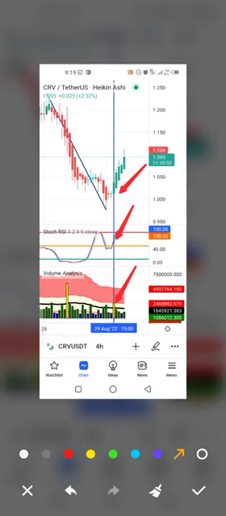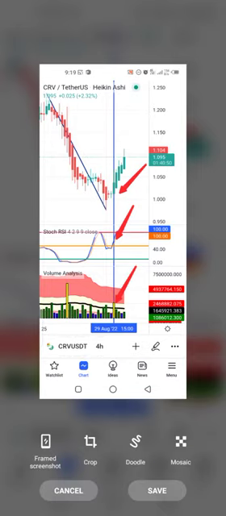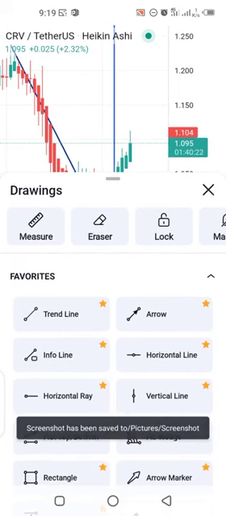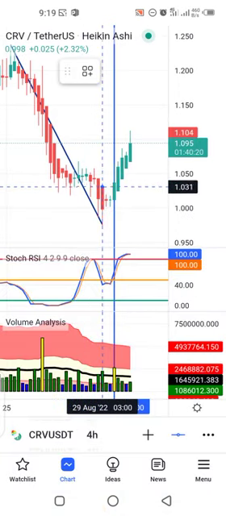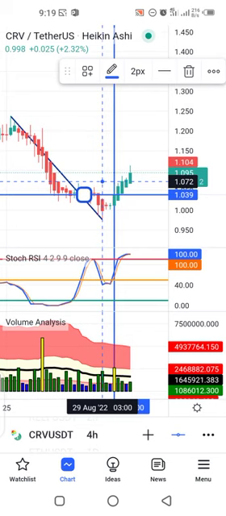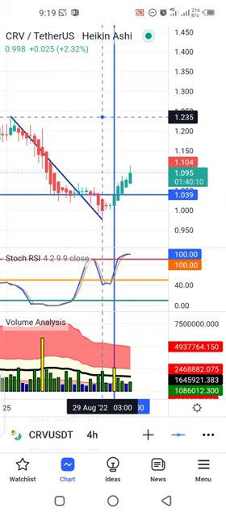And after I have been able to see that, then I'll bring in my horizontal line, which you're going to learn. Draw where the candle closes from, and draw my second horizontal line where the downward trend started from, which is basically around this area.